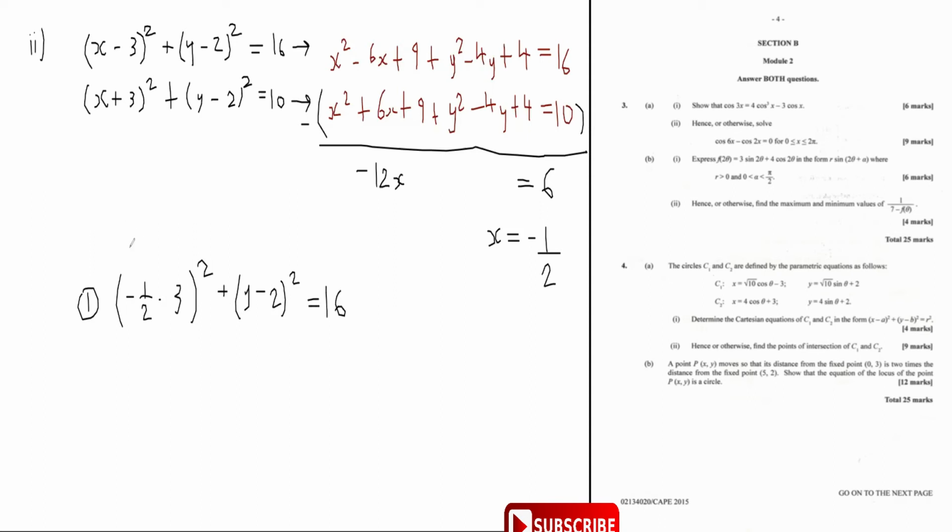This is when we put x as minus a half into the first equation.